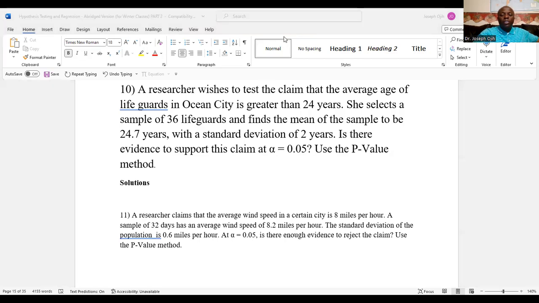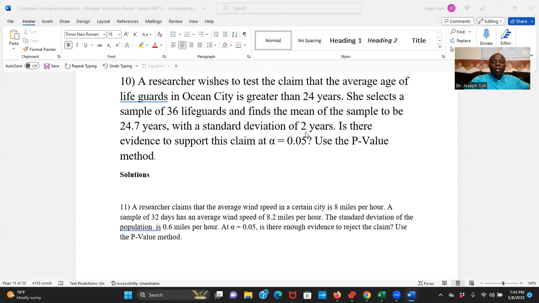The standard deviation of the population is 2 years. Is there evidence to support this claim at alpha 0.05? Use the p-value method. In this case, you don't need to calculate the critical value at all. Just go right into it.